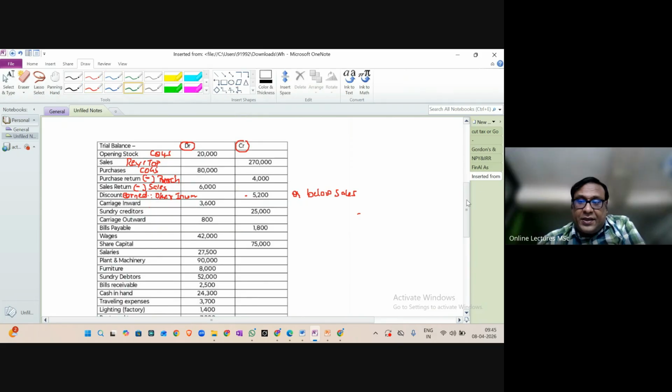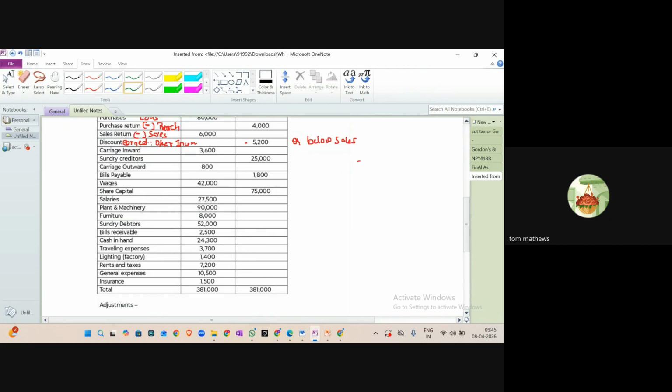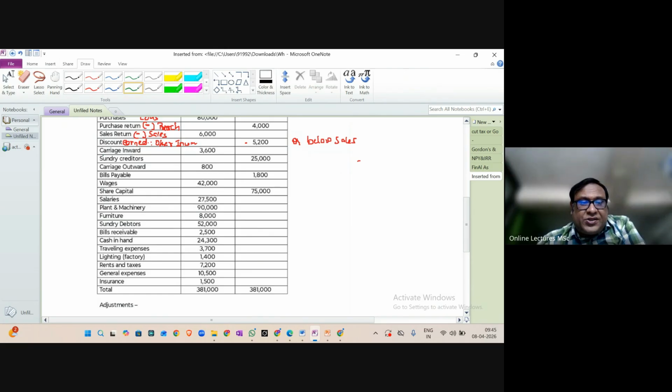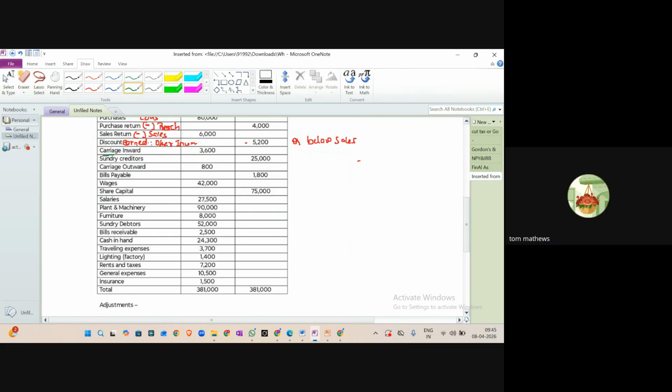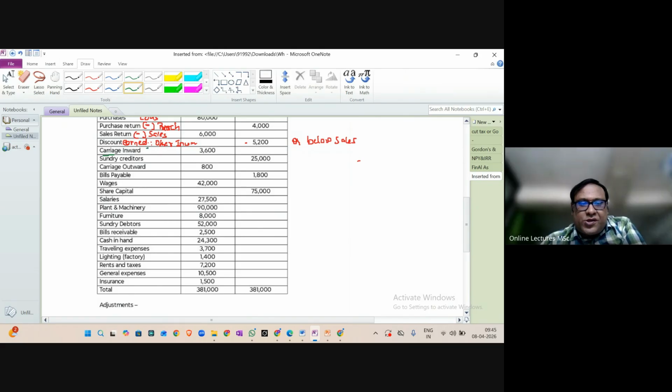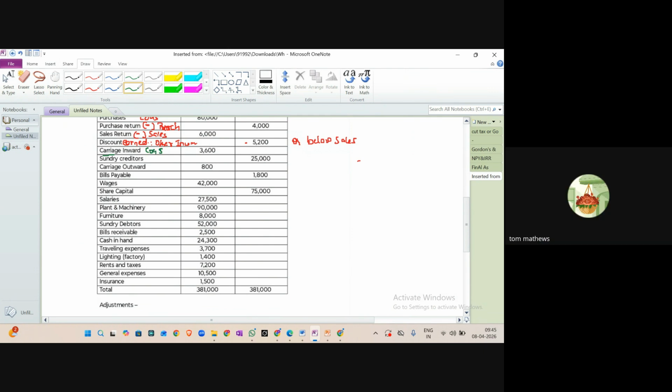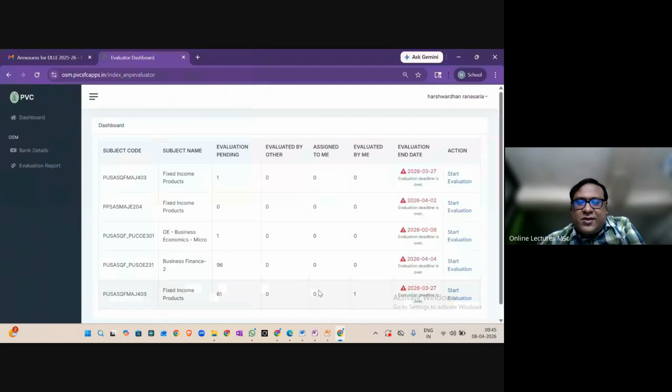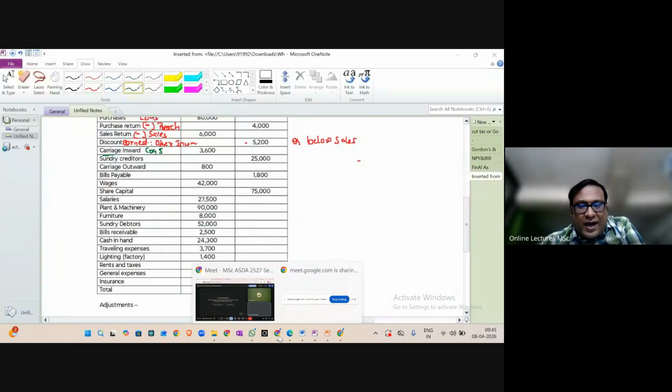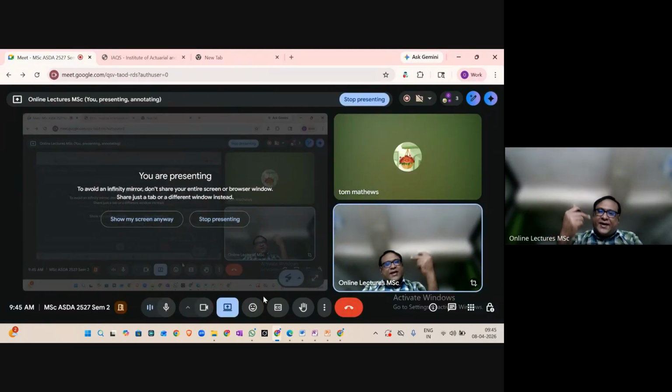Yes. Continue. Carriage inward. Carriage is the bhada, the cost of carrying the goods into the factory. When you say carriage inward, it's towards getting raw material or some kind of material into the factory. Expenses, for sure. This goes into COGS. Tom, it's carriage inward, right, sir? Yes. Carriage outward would have been under selling and distribution.